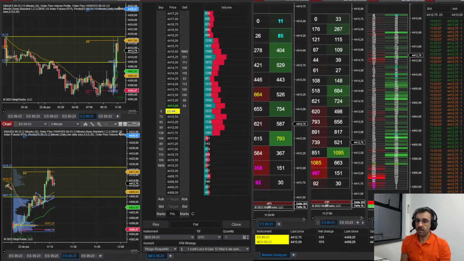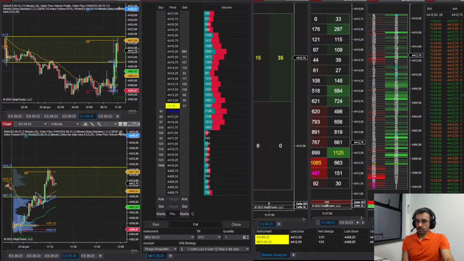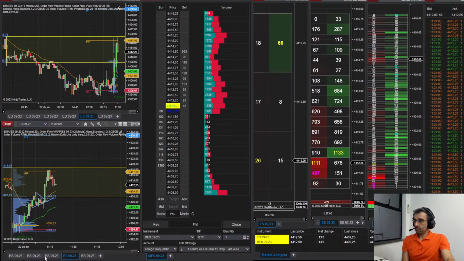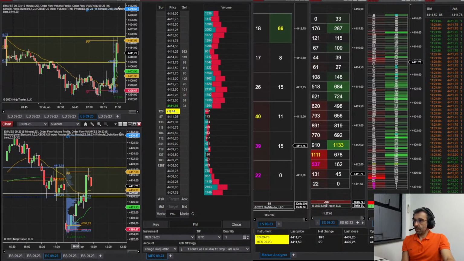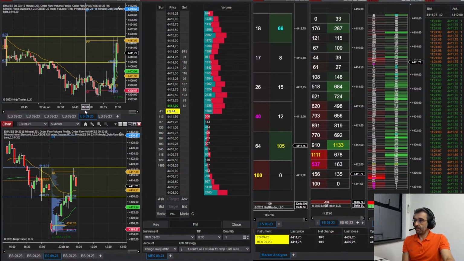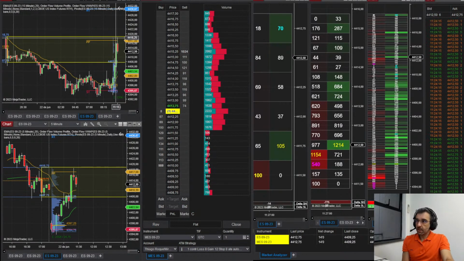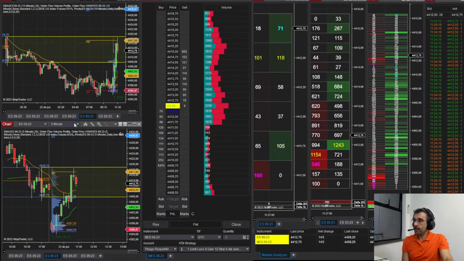Buyers defending again. But we start seeing not that beautiful candles here in time-based charts. You see the rejection right at the value area high.